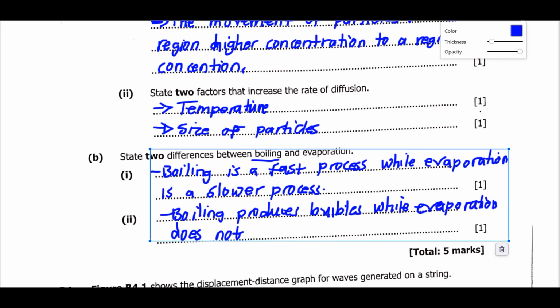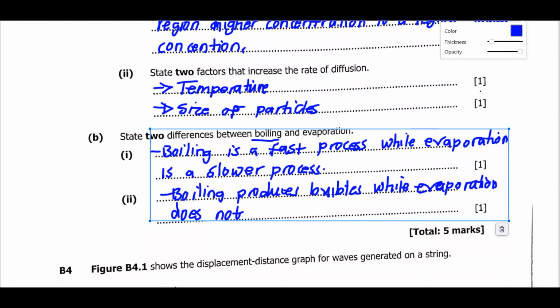Then in case you are asked maybe to give 4 or 5, the third one can be boiling has a fixed boiling point. For example, the boiling point of pure water is 100 degrees Celsius, while evaporation can occur at any point. It can be 30 degrees Celsius, 50, 70. So evaporation has no specific temperature.